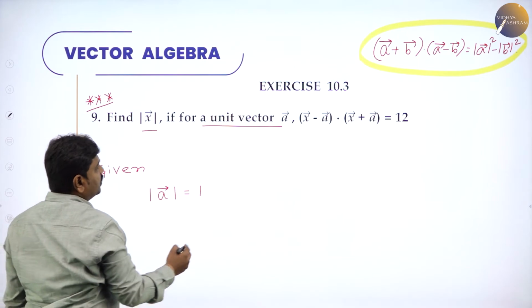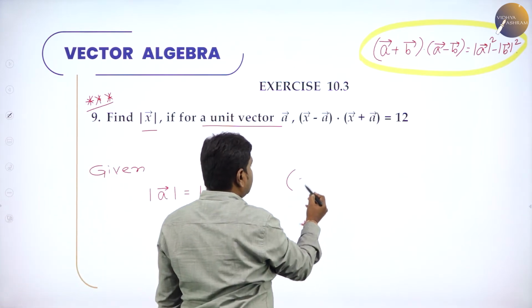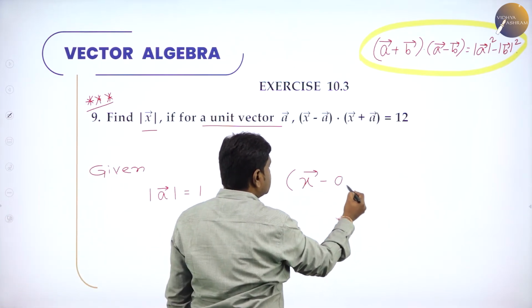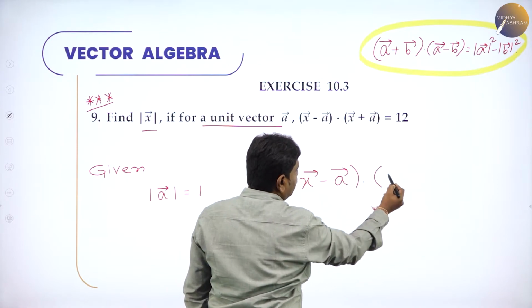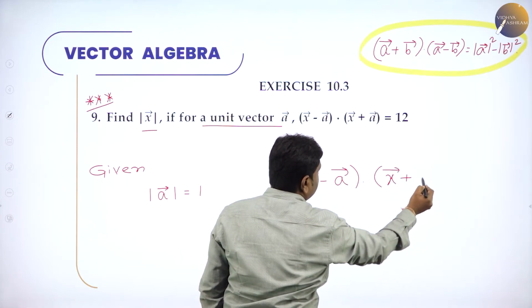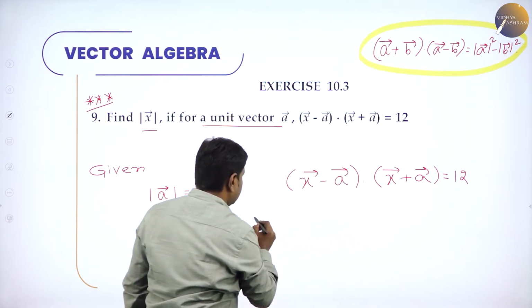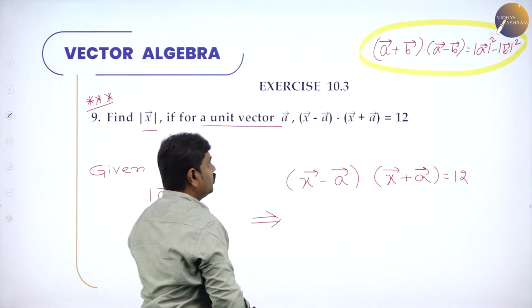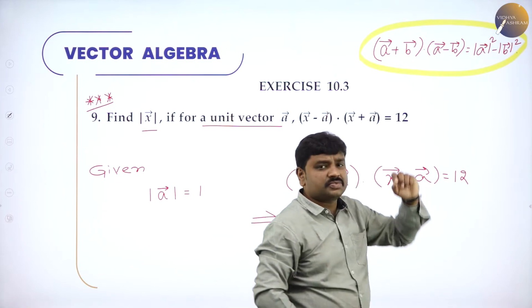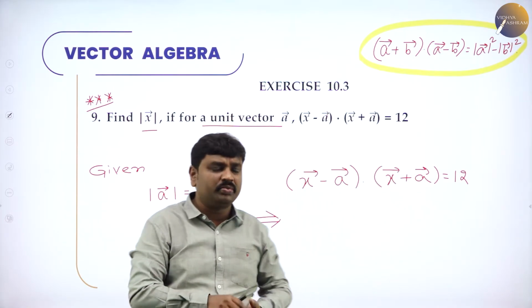What else is given? So they have given vector x minus A dot vector x plus A is equal to 12. So you know by formula, this implies vector A plus B dot vector A minus B is magnitude A square minus magnitude B square.